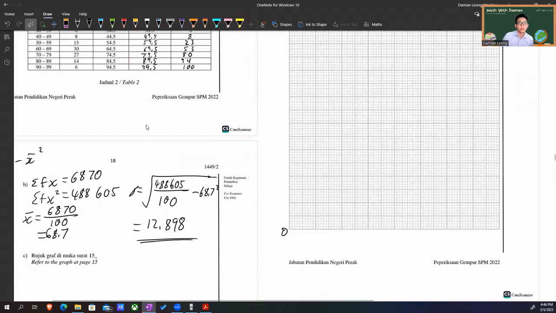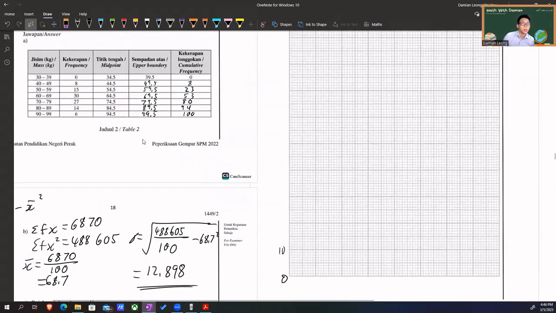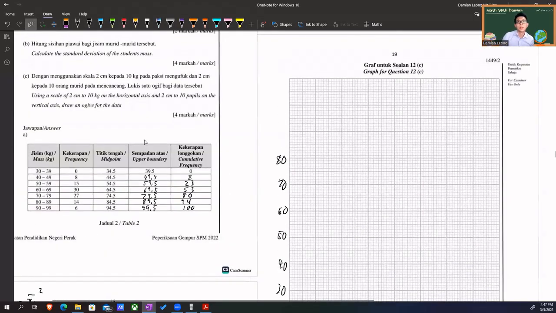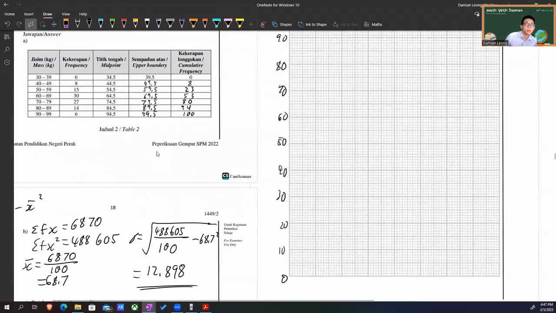So I start 0 here, each one 10 for cumulative frequency: 10, 20, 30, 40, 50, 60, 70, 80, 90, 100. Then upper boundary for this, I don't start from 0.